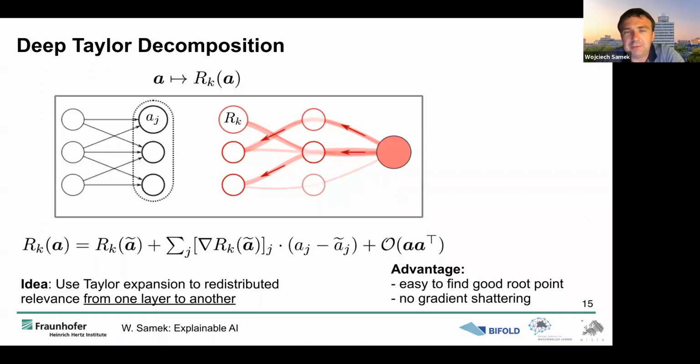So you have the values rk, and you know that this relevance value only depends on the activations in the lower layer, because everything is deterministic. Once you have these activations, you have the prediction, and once you have the prediction, you have the relevance values. So you can represent the relevance at layer k as a function of the activations A. And you could apply the Taylor decomposition trick to this function. This will tell you how to optimally redistribute relevance to the next lower layer.